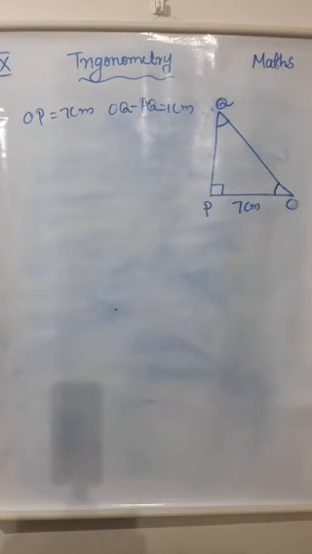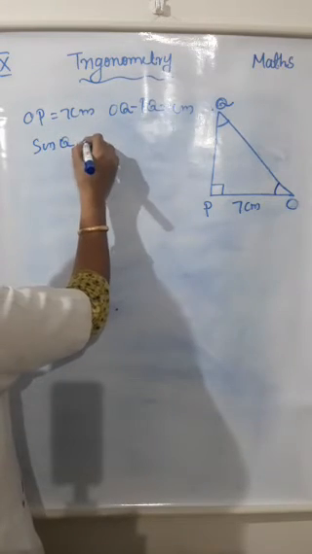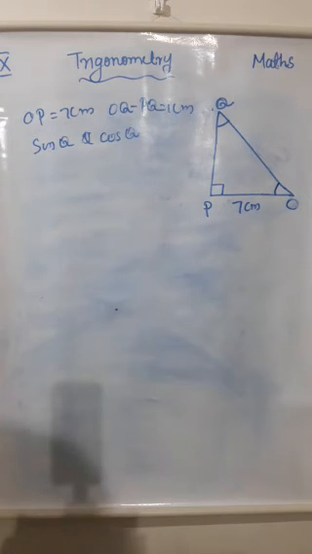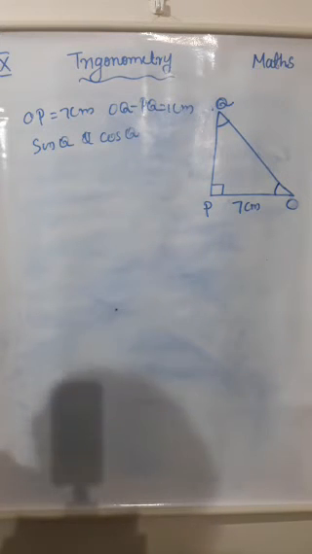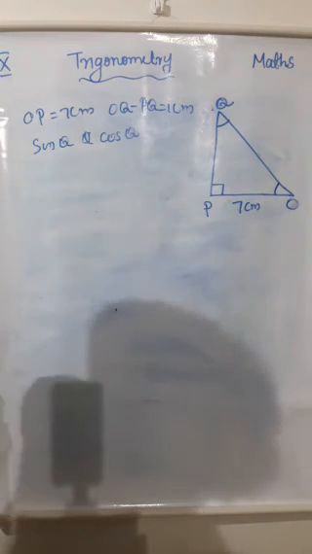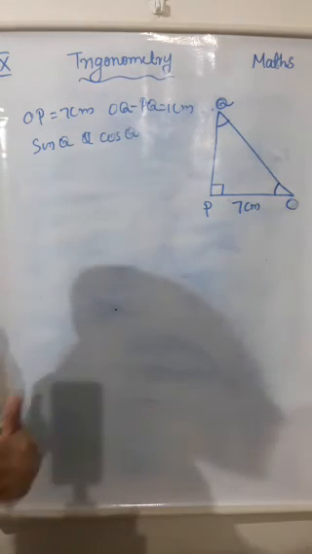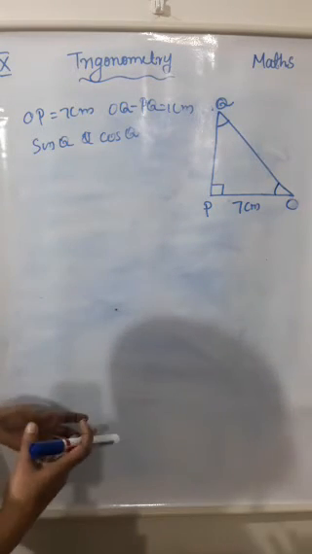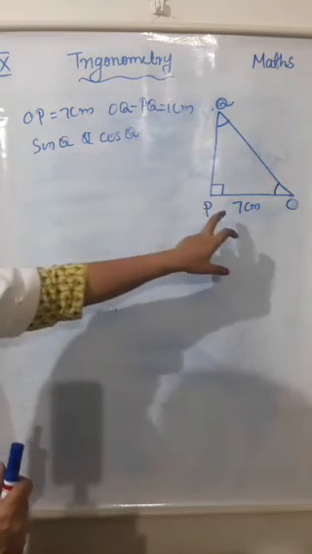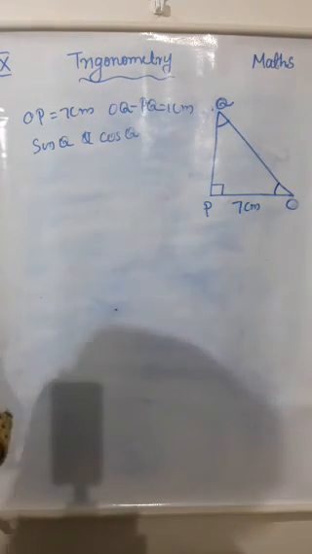Determine the values of sin Q and cos Q. We need to find sin Q and cos Q. For that, first we need to find PQ and OQ. How can we find PQ and OQ? The only given things are OP is equal to 7 centimeters and OQ minus PQ is equal to 1 centimeter.